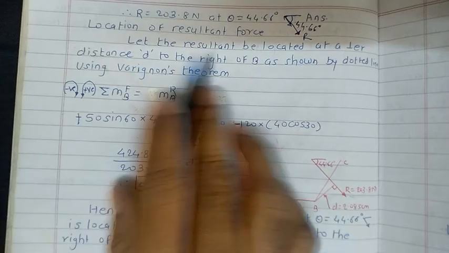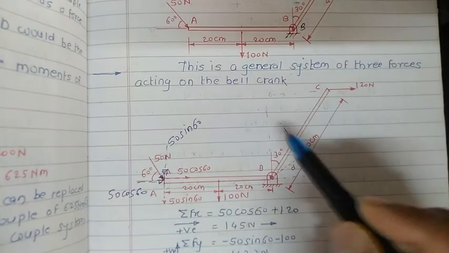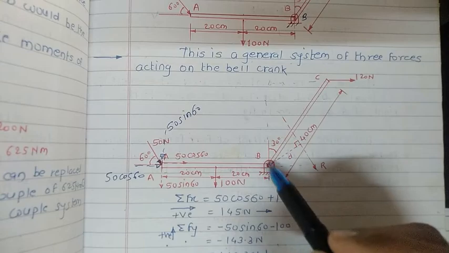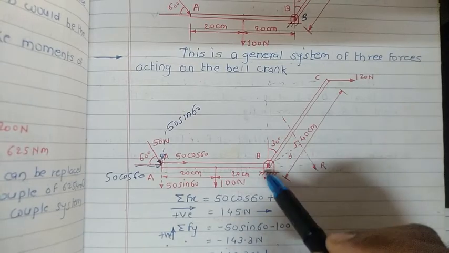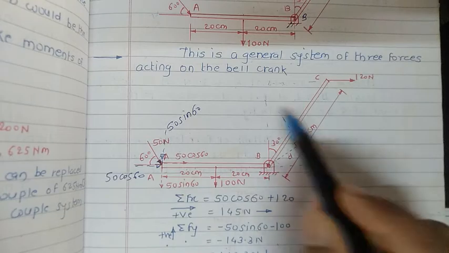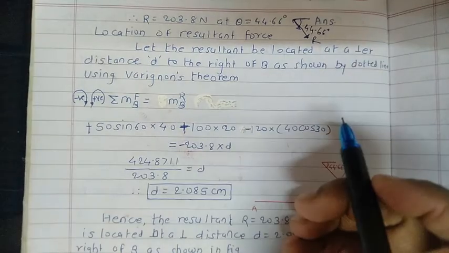Now to locate that resultant force, we need to consider that the resultant force R lies towards the right side of this point B, making an angle, at a perpendicular distance d with respect to point B. In this way you have to write one assumption and then apply Varignon's theorem.